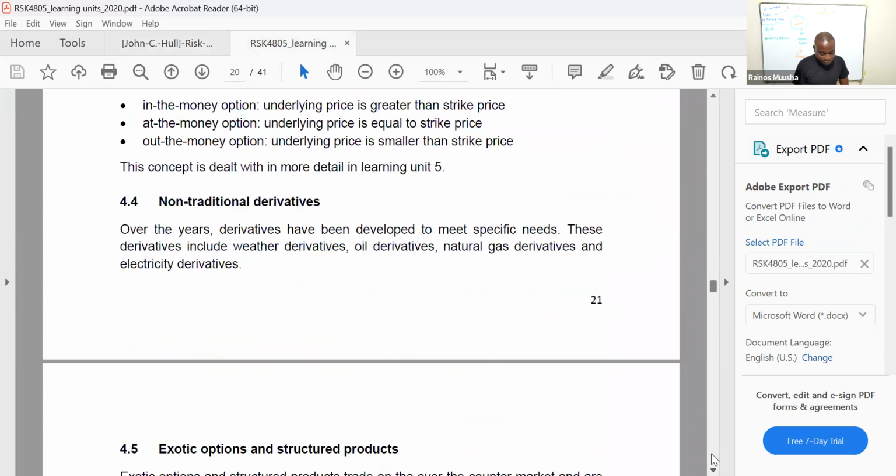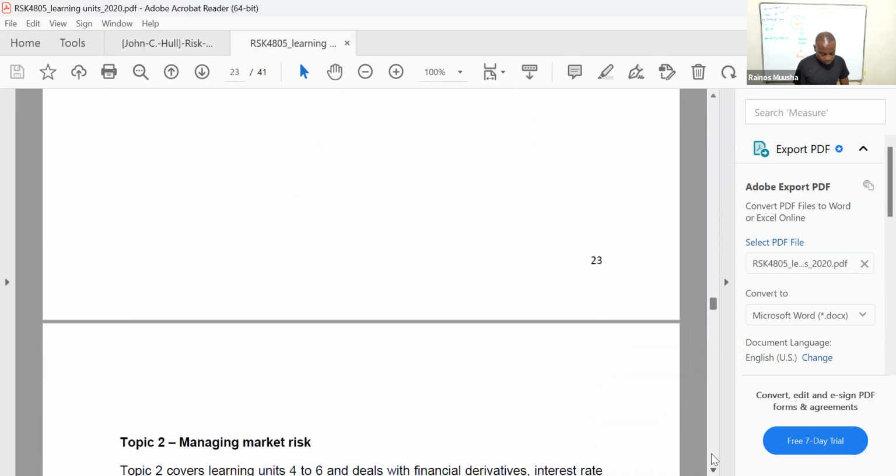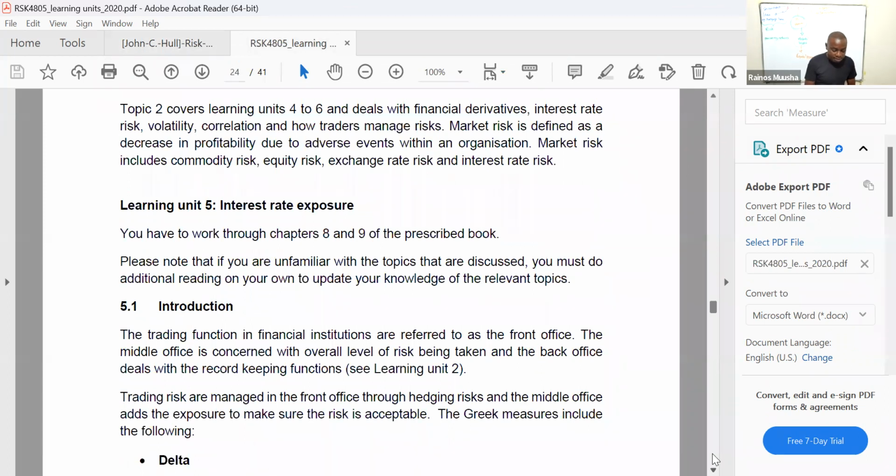Then when you look at learning unit 5, they refer us to chapters 8 and 9, and learning unit 5 looks at interest rate exposure.